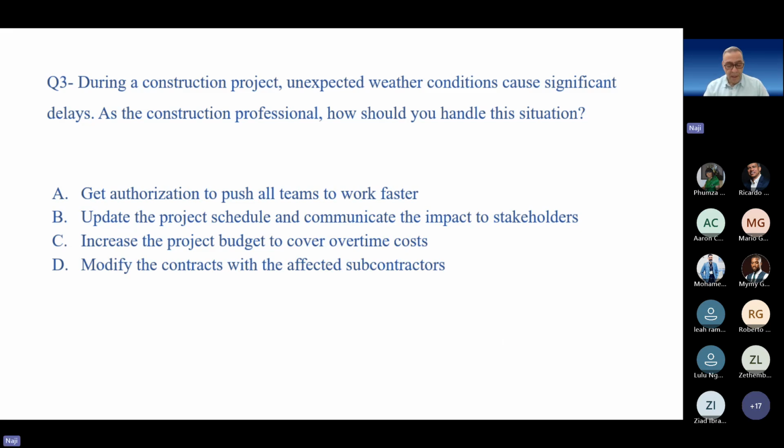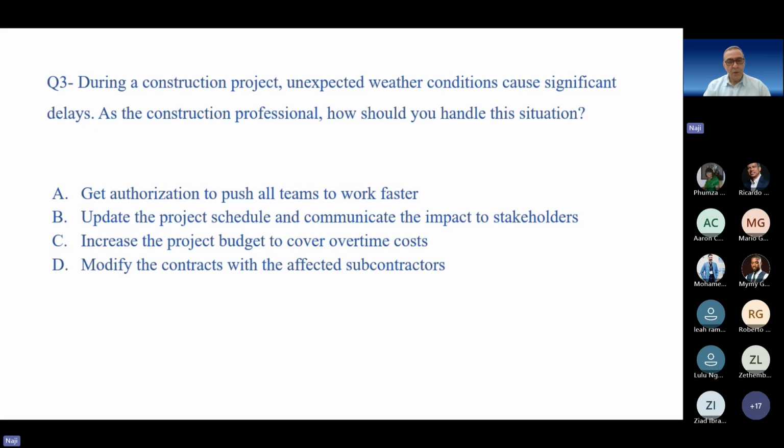Again, one tip for the exam. Plenty of questions include definitely 2 wrong answers, even if you don't know which one is the correct one, but you know that 2 of them are wrong, definitely. I mean, nobody can just select D, modify the contracts with the affected subcontractors.